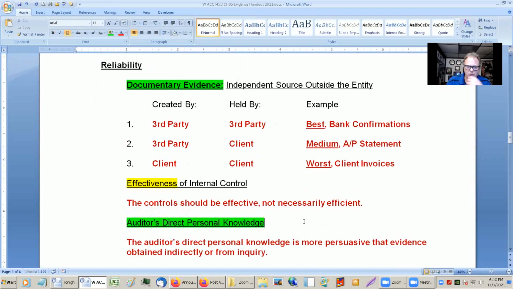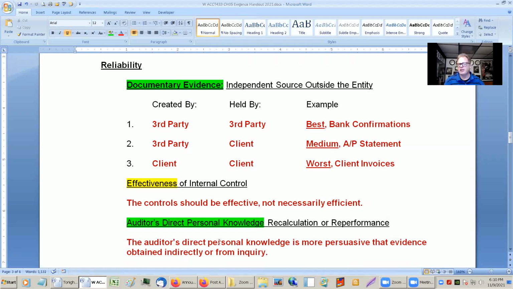So if they do recalculation or reperformance, is more persuasive than documentary evidence. Something you do yourself, right, is more persuasive than something you get from somebody else. That's the whole idea behind it. So the auditor's direct personal knowledge is actually a better source, more persuasive than something that they get secondhand, either through another person or through documents.